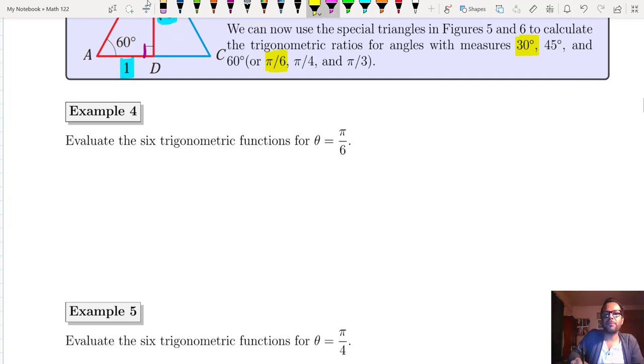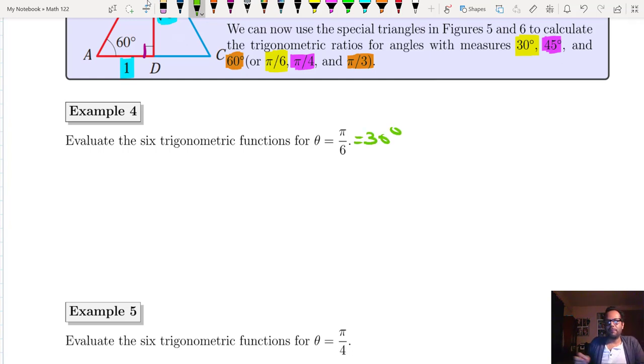And then 45 degrees will be pi over 4, and 60 degrees pi over 3. So what are we going to do? We are going to find the trigonometric functions for pi over 6, which is the same as 30 degrees.